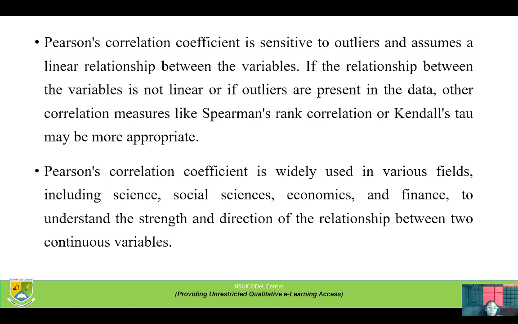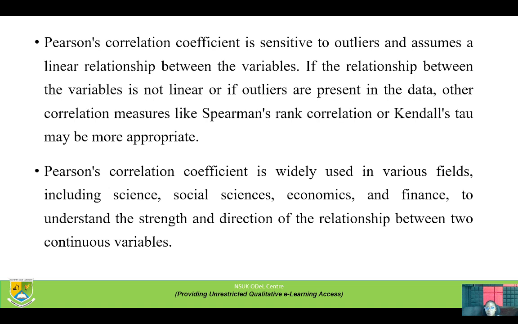And what do I mean by outlier? An outlier is a data point that differs significantly from other data points in a data set.